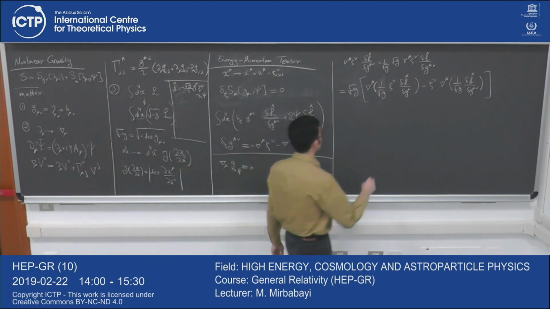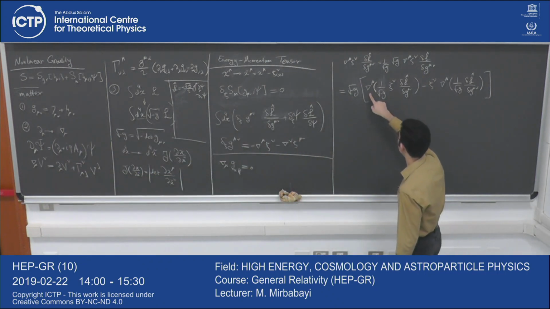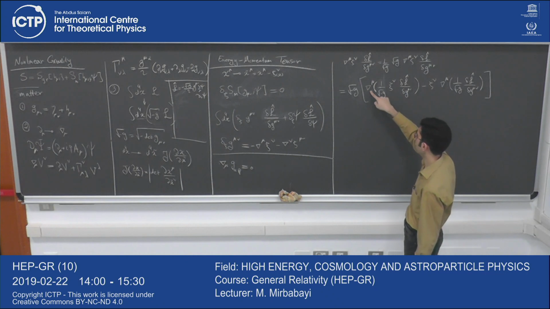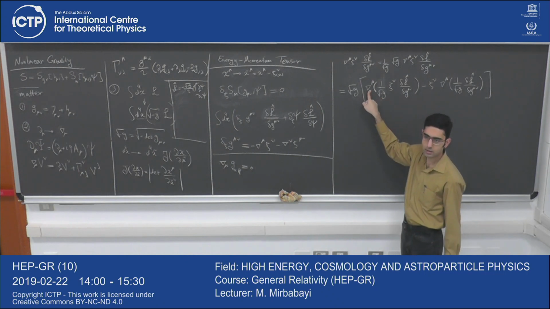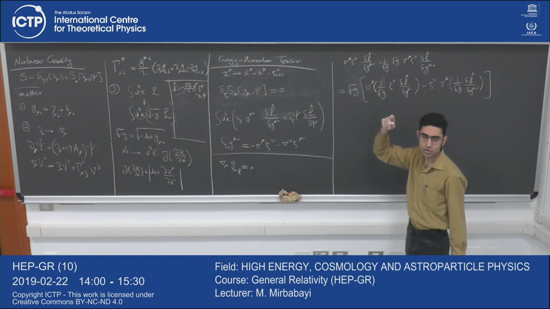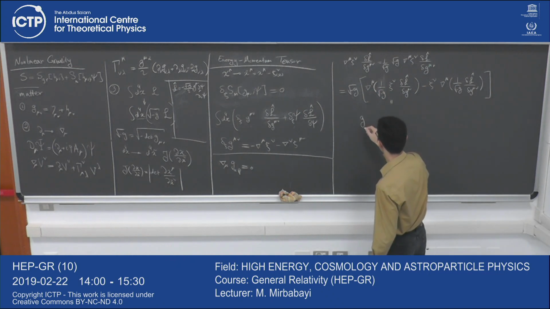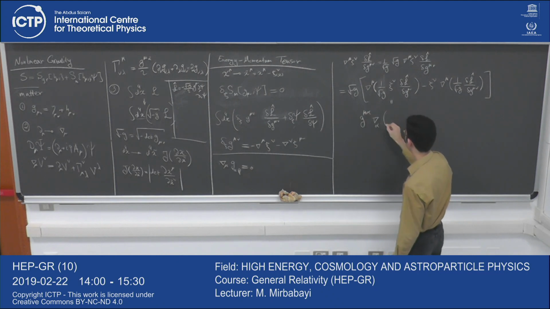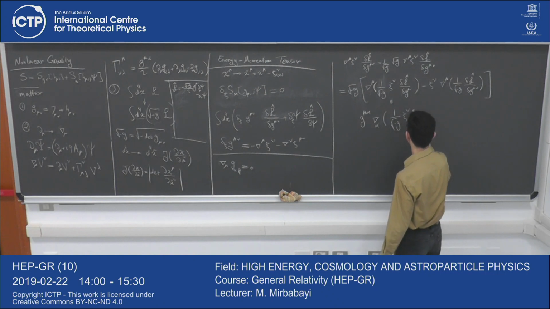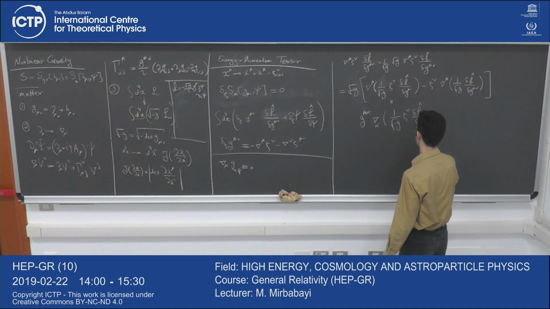What that means is that this expression, when I have del mu with upper indices, this is really g mu alpha del alpha, times 1 over square root of minus g, xi nu dL hat over dg mu nu.